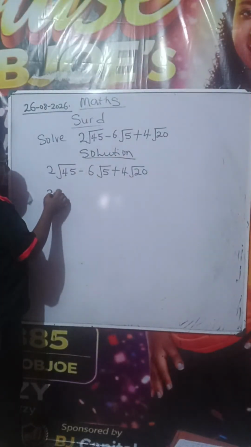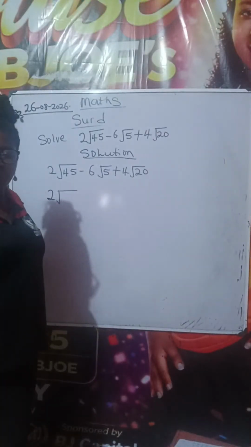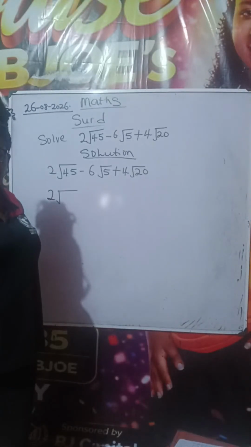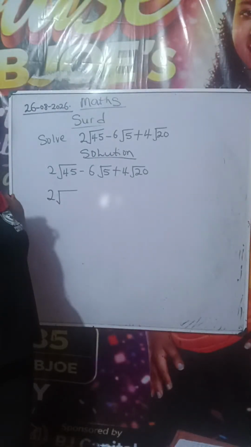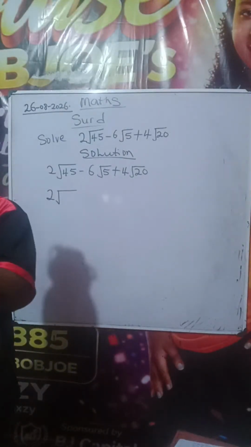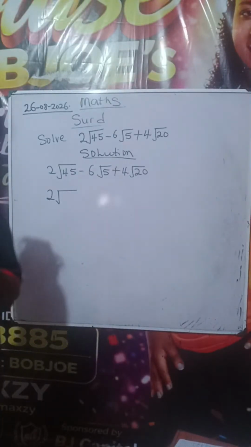So we have 2 root 45 is the same thing as what? Root 45 is the same as 5 times 9. 9 is on team. Good job. So we have 5 times 9 or 9 times 5.